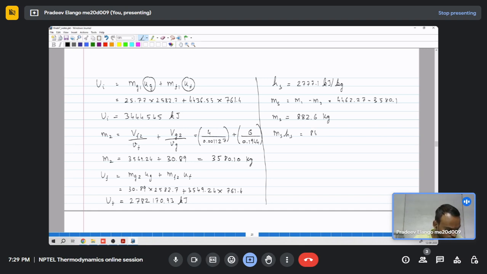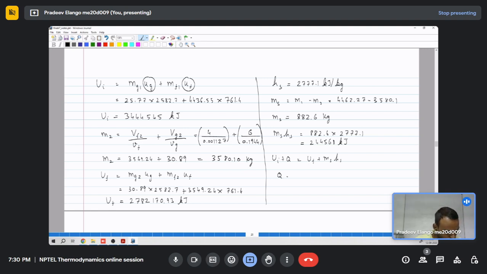That is 882.6 into 2777.1, so 2445.68. Now we know UI plus Q is equal to UF plus ms hs.